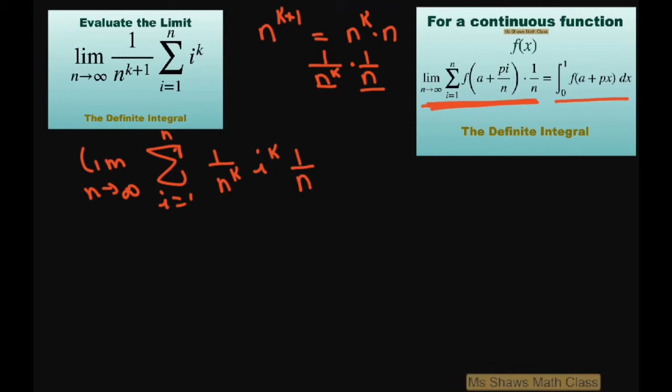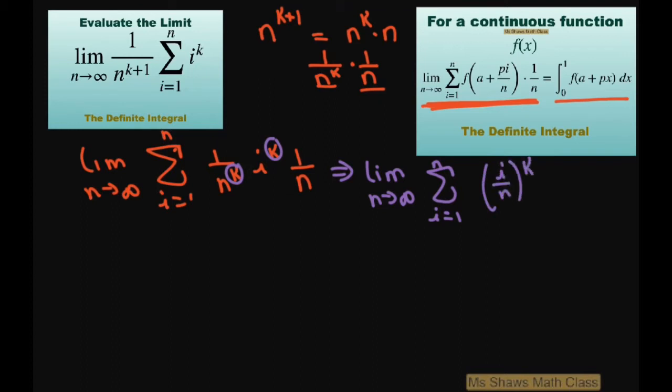All right. Now from here, what we can do is write this, since these are both to the k power, as the limit as n approaches infinity of the sum from i equals 1 to n of i divided by n to the power of k times 1 divided by n.